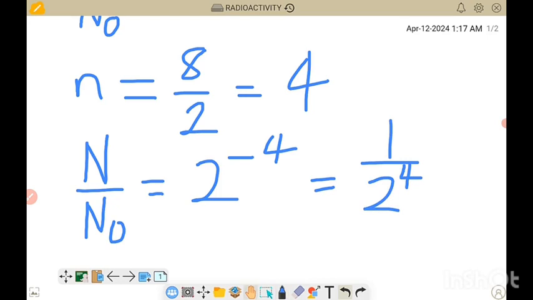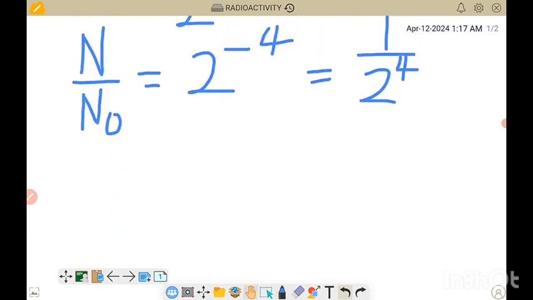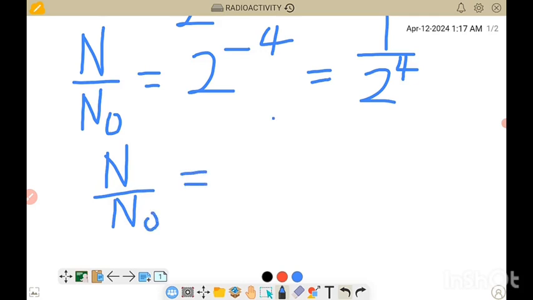And we can easily say, with what we have on the screen now, n over n naught will be equal to 1 over 16, as 2 raised to power 4 equals 16. So this is the fraction that will remain after 8 days. That is, some parts will have decayed or disintegrated or disappeared, and this is the fraction that will remain.